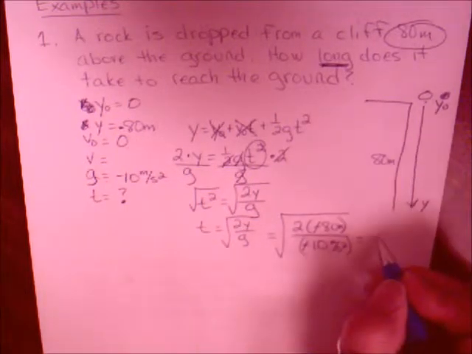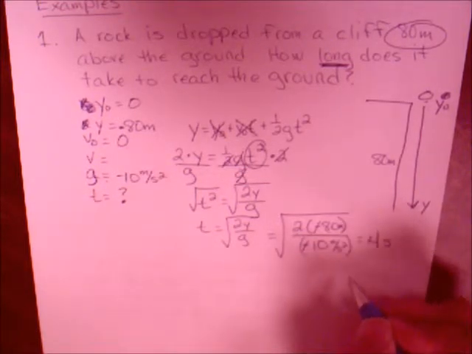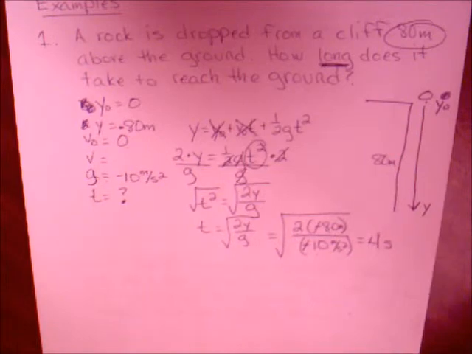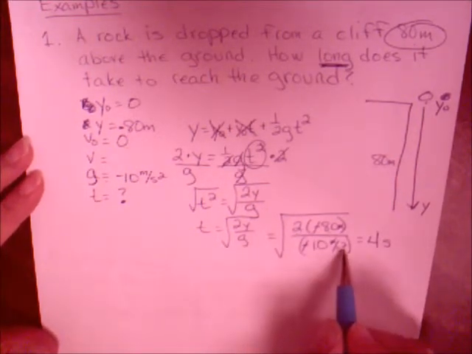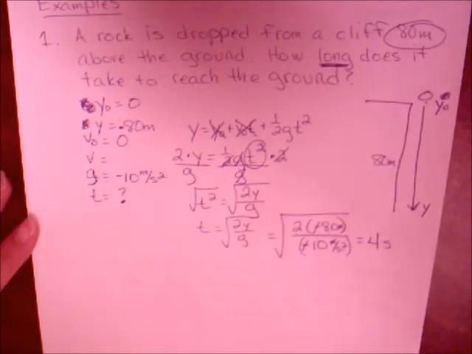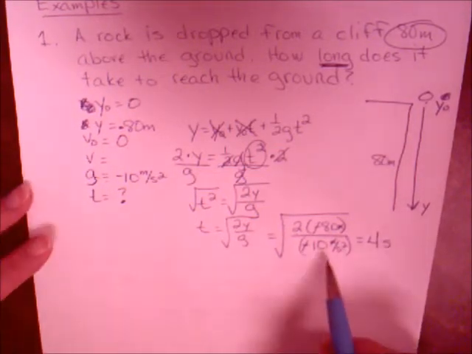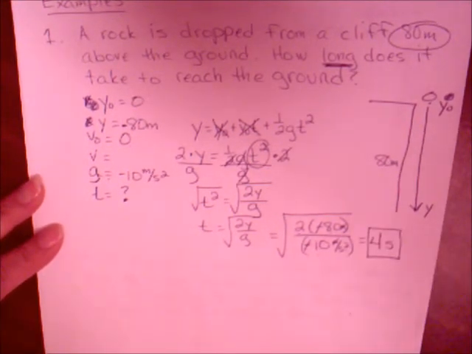The square root of 16 is 4. 4 seconds. Our meters cancel out. Once we take the square root, the s squared goes away, and we're left with s. So that's the beauty of using 10 for gravity.